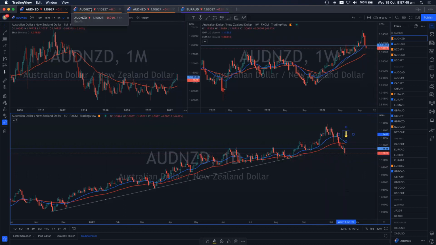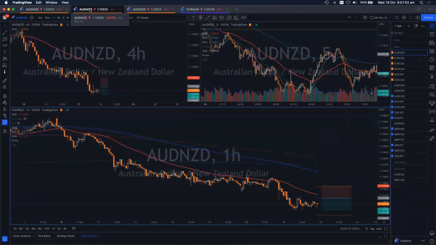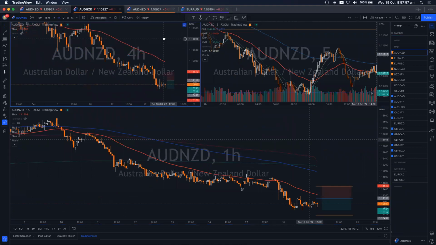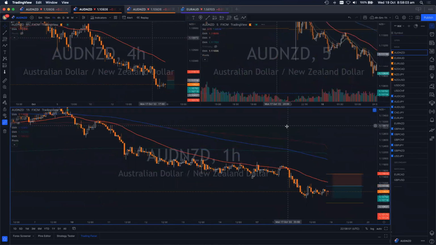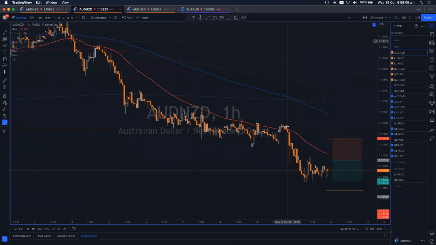Then we go to the lower time frames, particularly the 1 hour, to see if that agrees. Also the 4 hour can be useful. But what I like to do is zoom in on the 1 hour and have on my 1 hour chart the other MAs that are important.